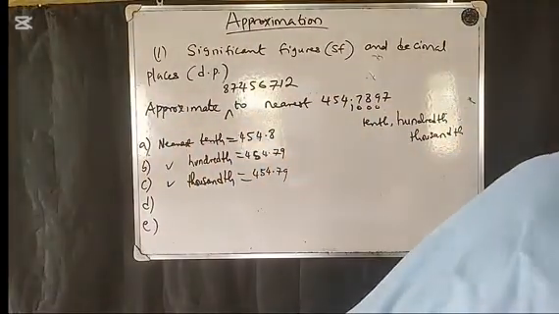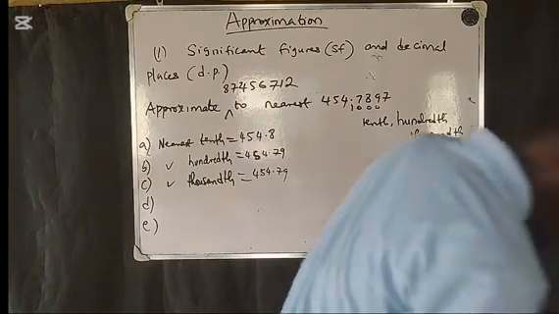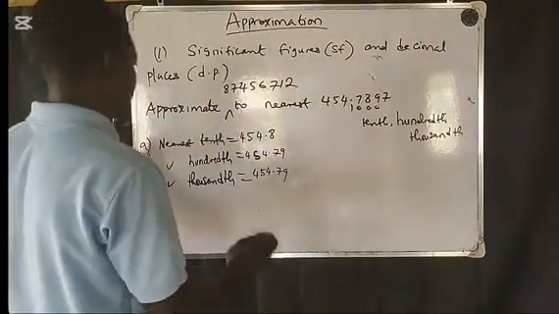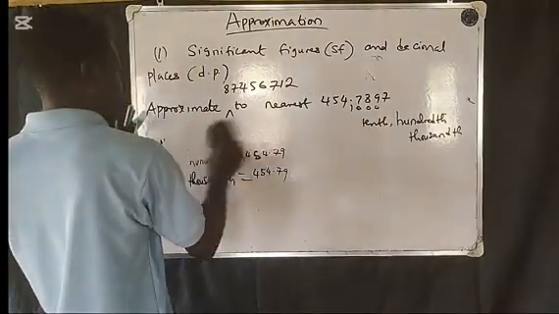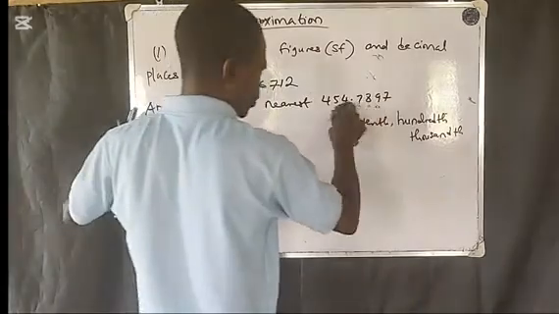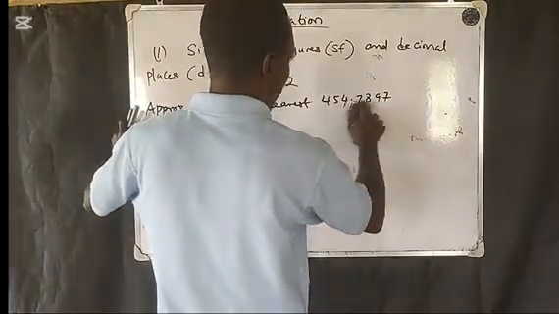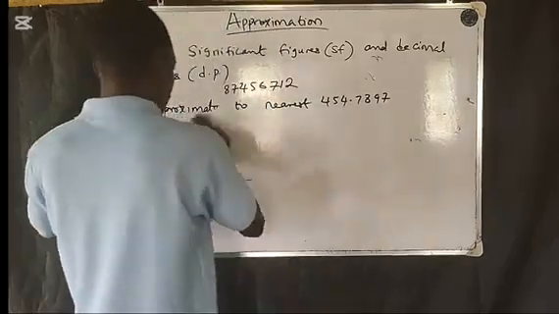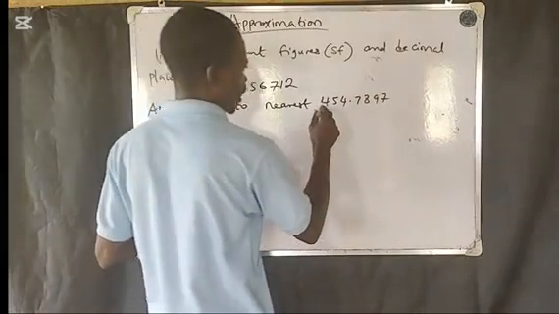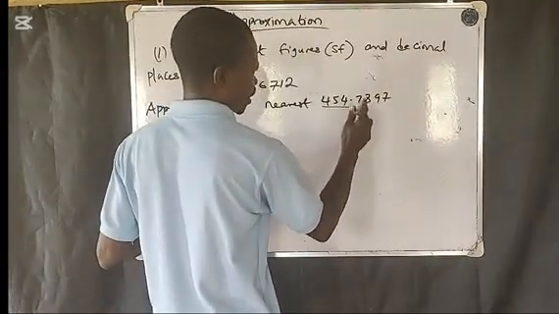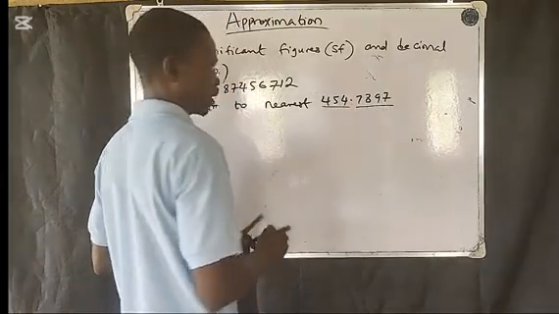Now the next one we are going to is nearest whole number. Sometimes you are told to approximate a number to nearest whole number. Let's just take this one. If you are approximating to nearest whole number, the whole numbers stop here. These are the whole numbers and these are the decimal numbers.